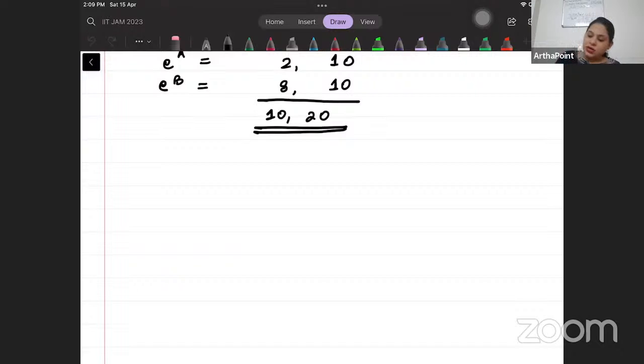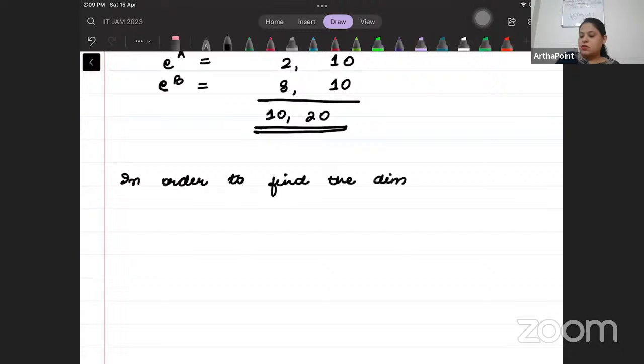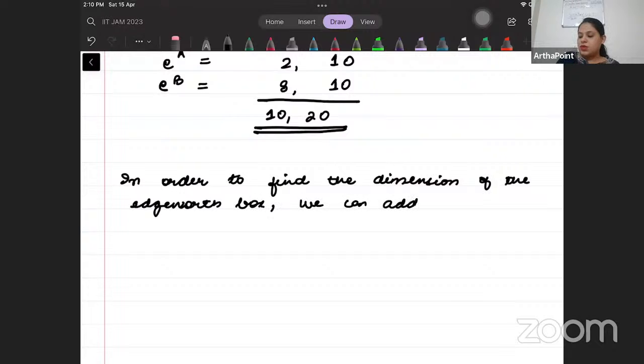In order to find the dimension of the Edgeworth box, we can add the endowment bundle of the two individuals.